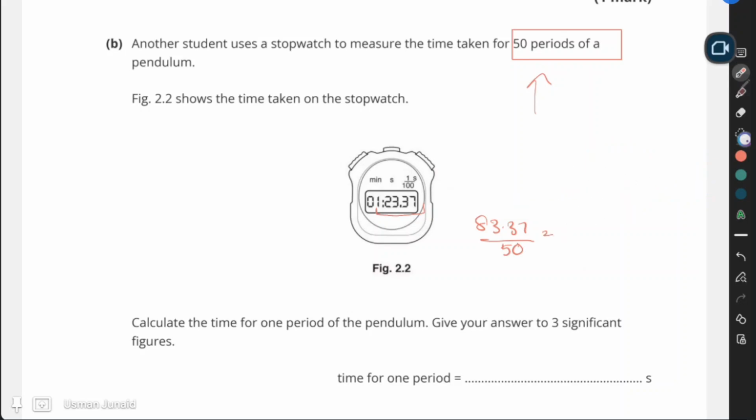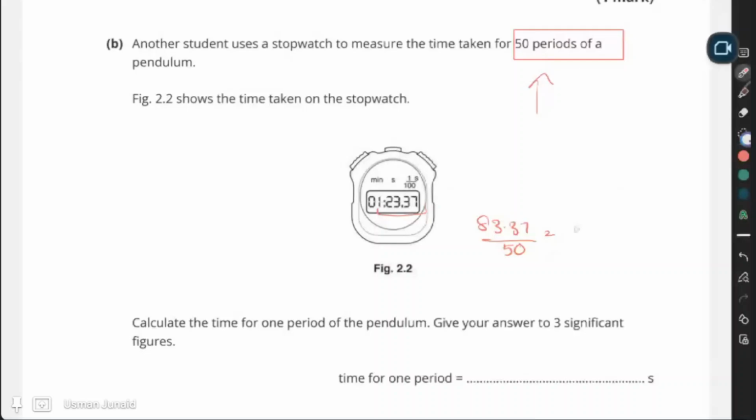What is the value? 1.66, 1.67 when you round it off. Okay, so 1.67 seconds.